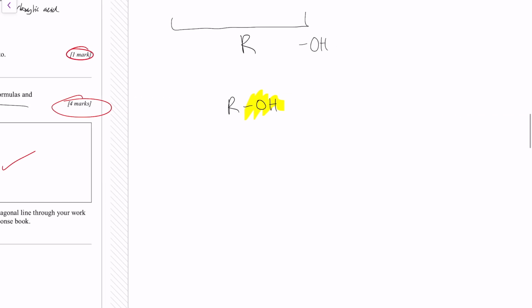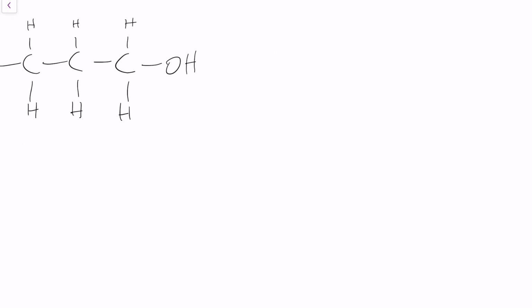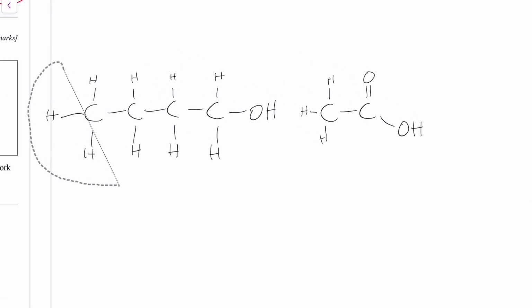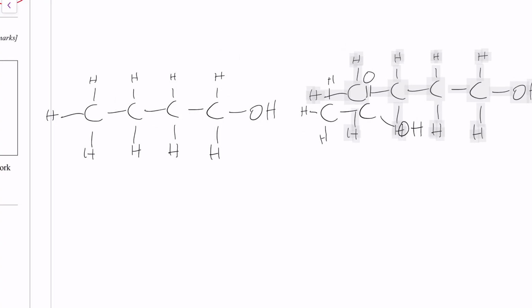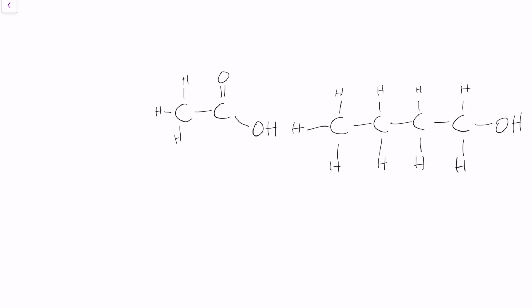So if we draw out ethanoic acid next to it, we would have 2 carbons and then a carboxyl group as well, and our hydrogens here. What I might do is move my primary alcohol to this side because it's a little easier to explain what I'm doing.